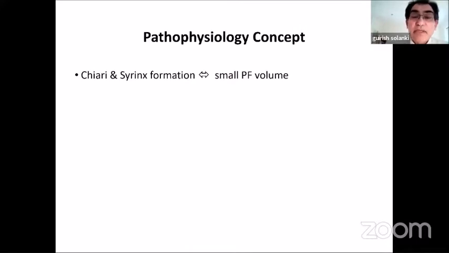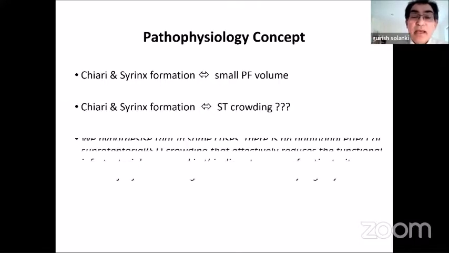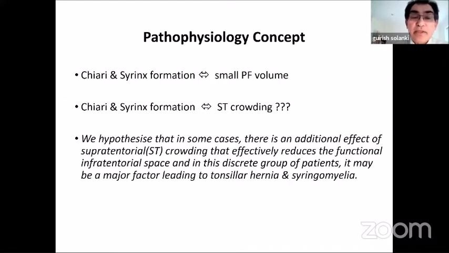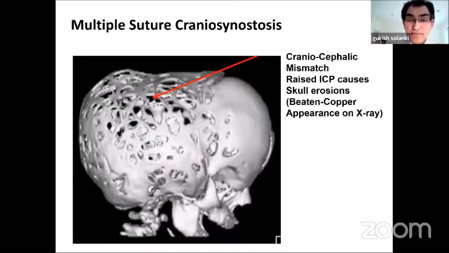And therefore, we can then design a pathophysiology concept that says that both the Chiari and syrinx formation have a strong statistical relationship to small posterior fossa. That in children who have a Chiari and syrinx formation, there is a likelihood that there is a supratentorial crowding, which is continuously increasing the compartmental pressure and driving herniation down, which is progressive, and then leads to development of syringomyelia. Now, if I show you a picture like this is multiple sutural craniosynostosis.